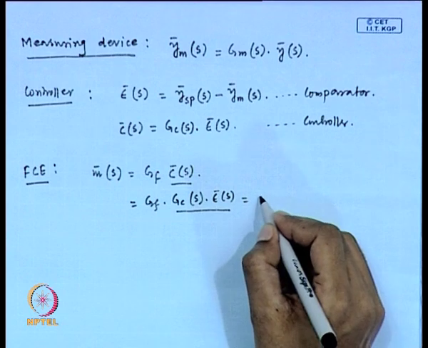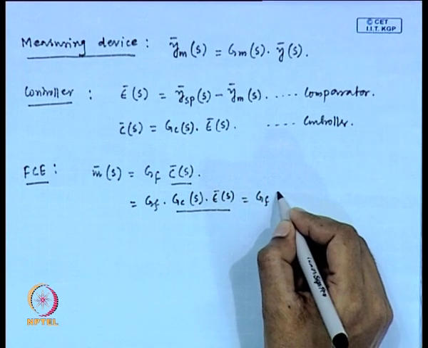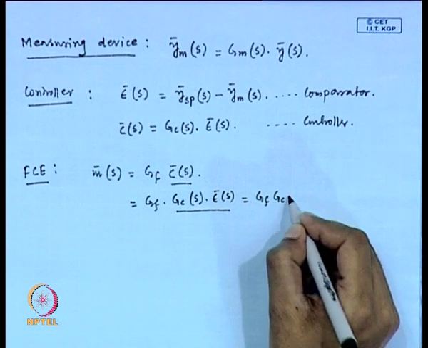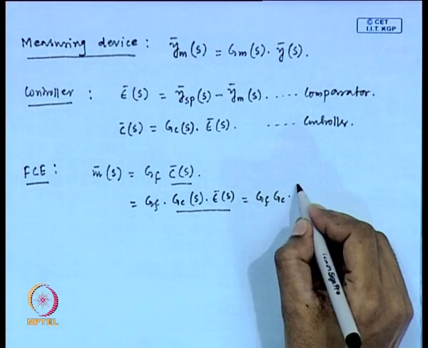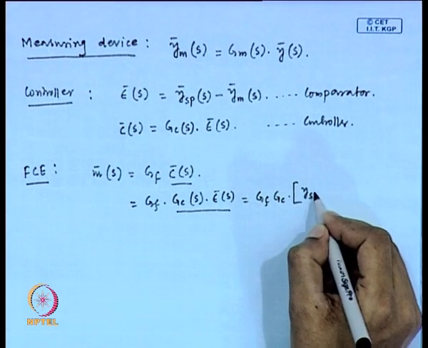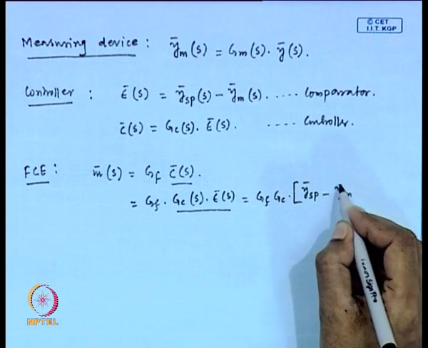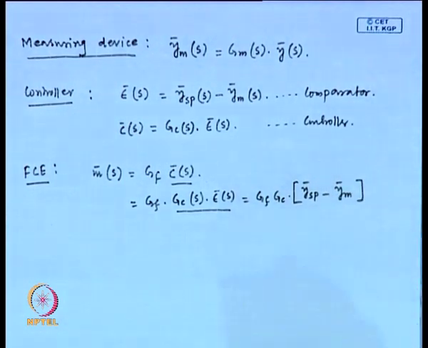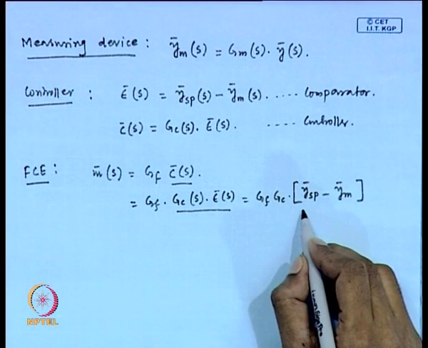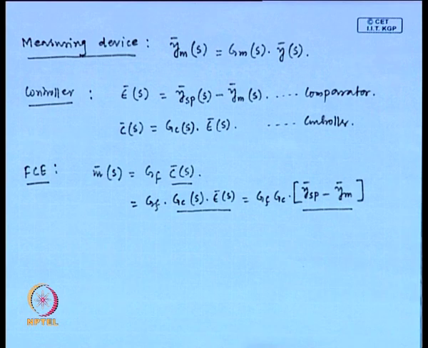So, G F G C epsilon bar s is y set point bar minus y m bar. Fine. Epsilon bar s is y set point bar s minus y m bar s.